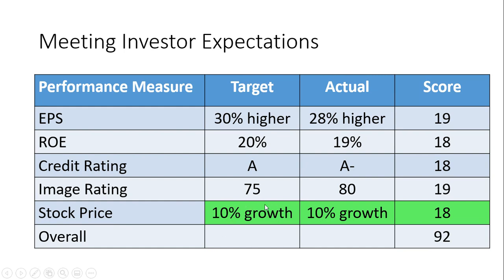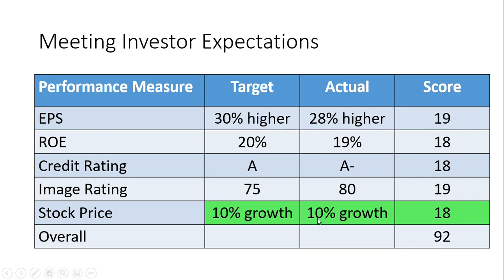You predicted 10% and you actually hit it. But you only earned 18 points. You may think you should have scored 20 because you actually met the expectation. Well, the investor expects a minimum stock growth price or stock growth expectation of 7%.